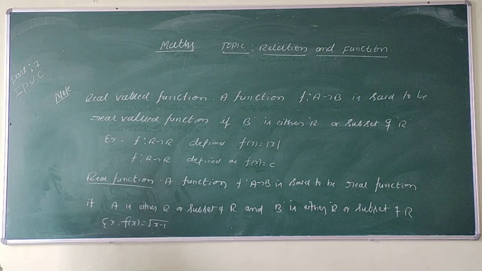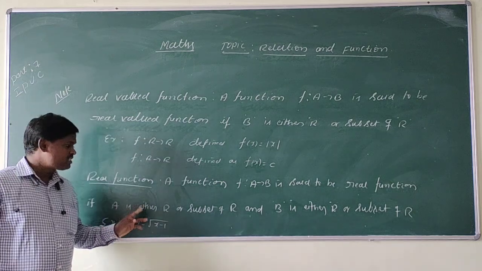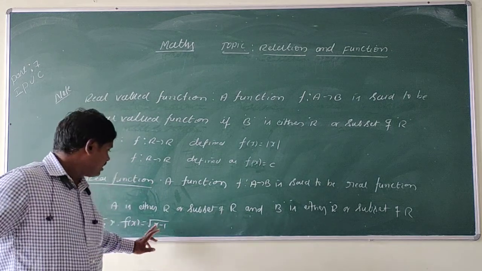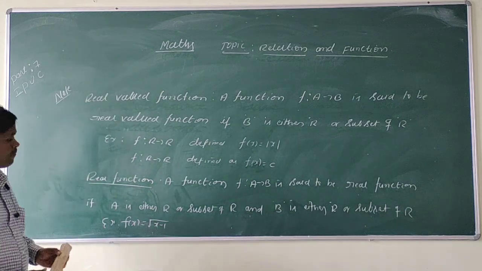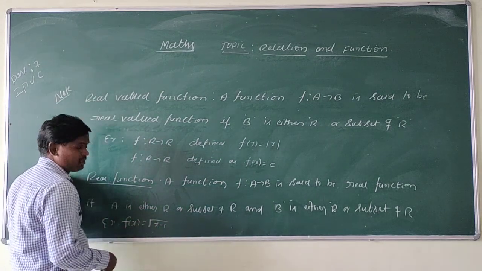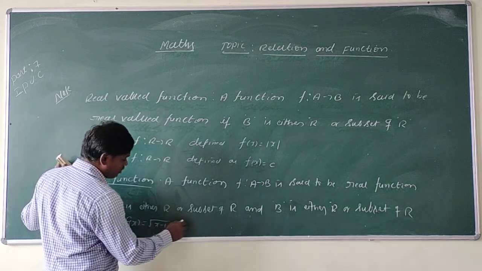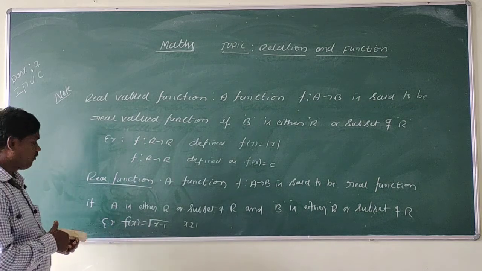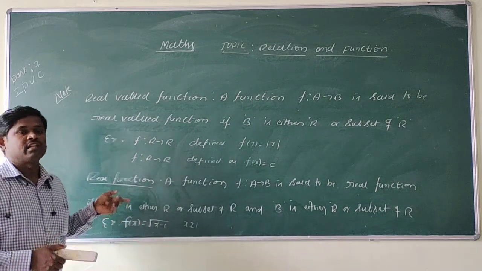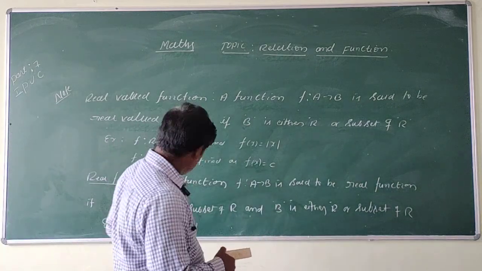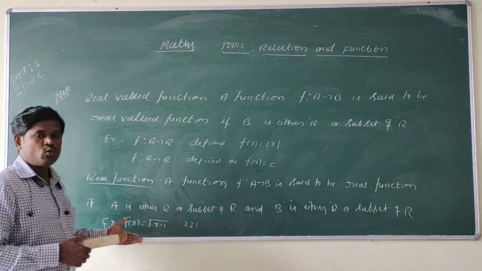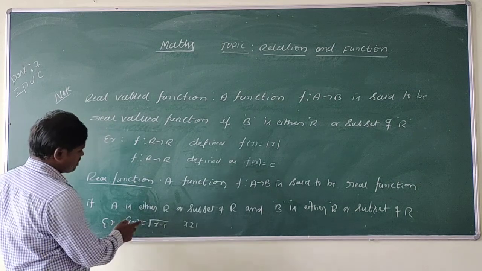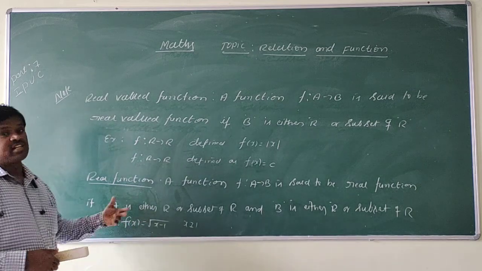Here the domain is also R or a subset of R. This function is defined only for x greater than or equal to 1. Otherwise it is not defined, because we would get the root of a negative number.